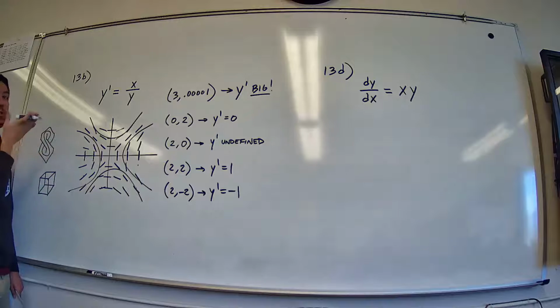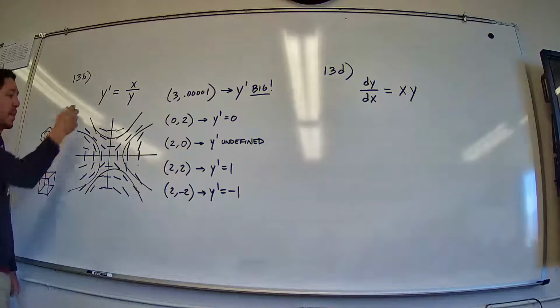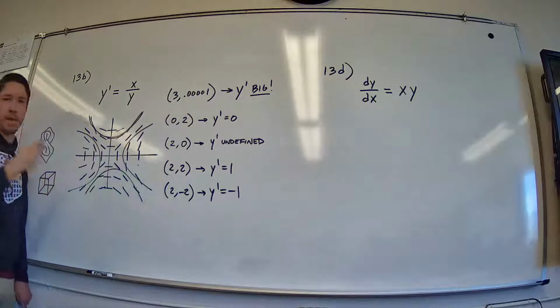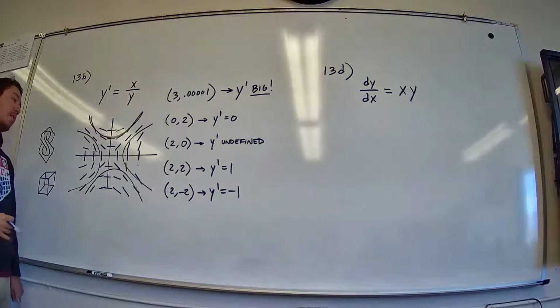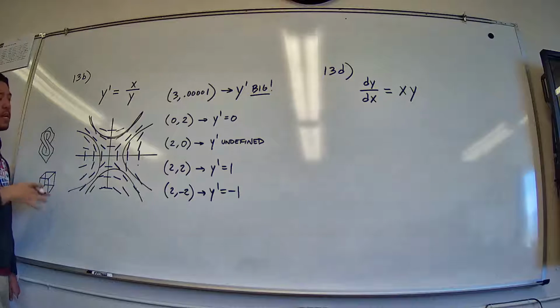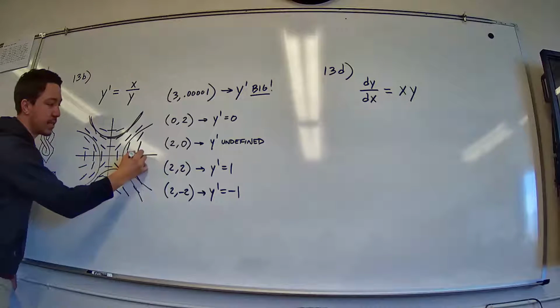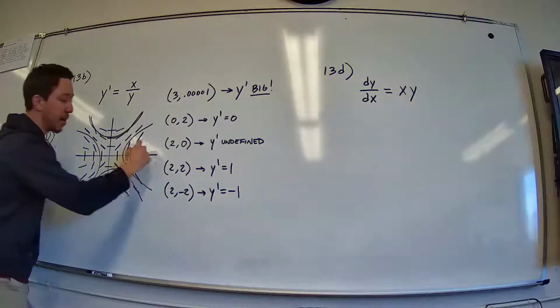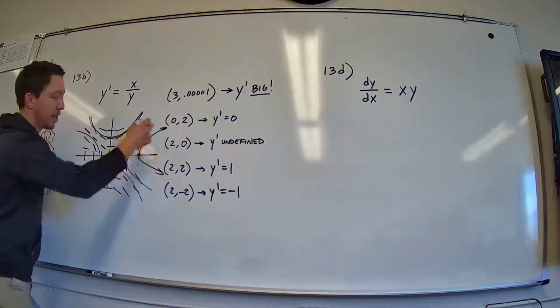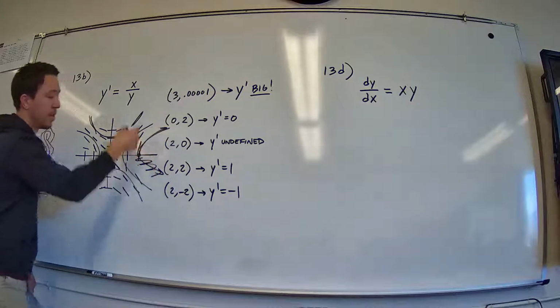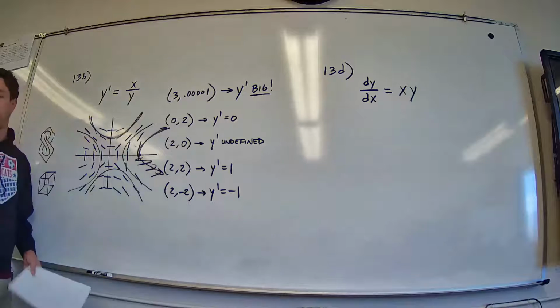You wouldn't have all of them, but one particular solution to this might be one of these curves. It would depend on initial conditions. So if you said something like, well, okay, your solution is known to have the point 3, 0 in it, then that would narrow you down to some kind of hyperbola. Well, actually, it's a function, so you would just be limited to one of them.